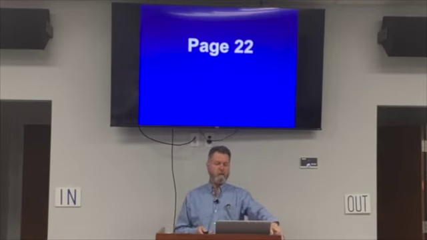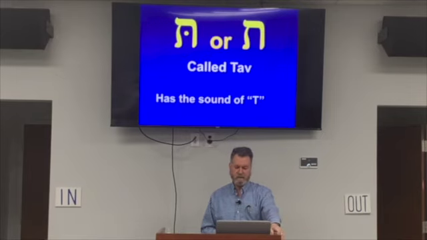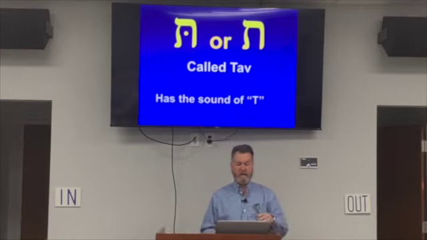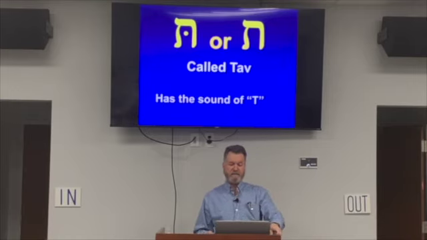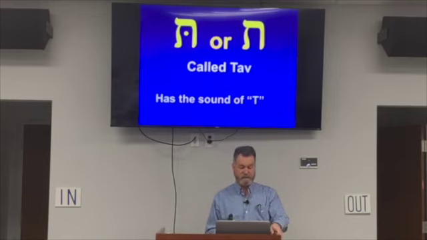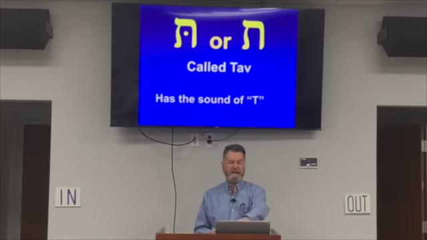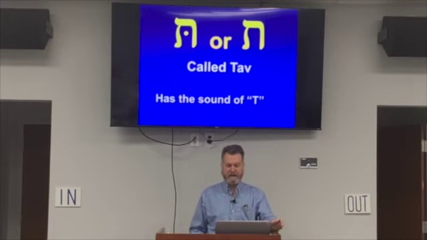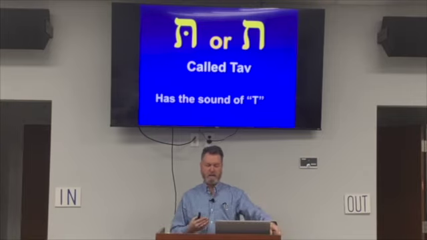And the first thing we do is learn another consonant. It's the one that you sang at the end of the Aleph Bet song. It's called the Tav, and we are going to pronounce it with the sound of T, whether there's a dot in it or not. The dot, technical name for the dot is a dagesh, and some letters it changes the sound, others it doesn't.